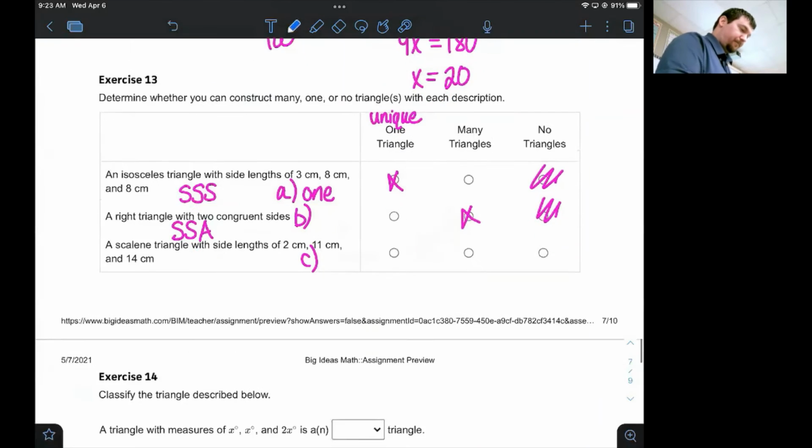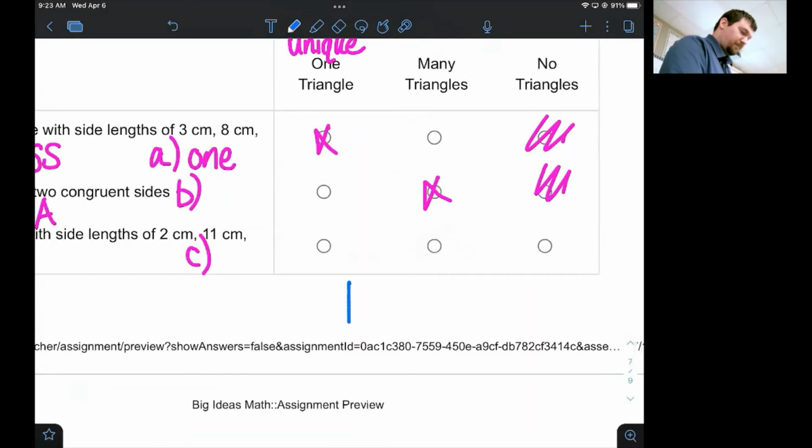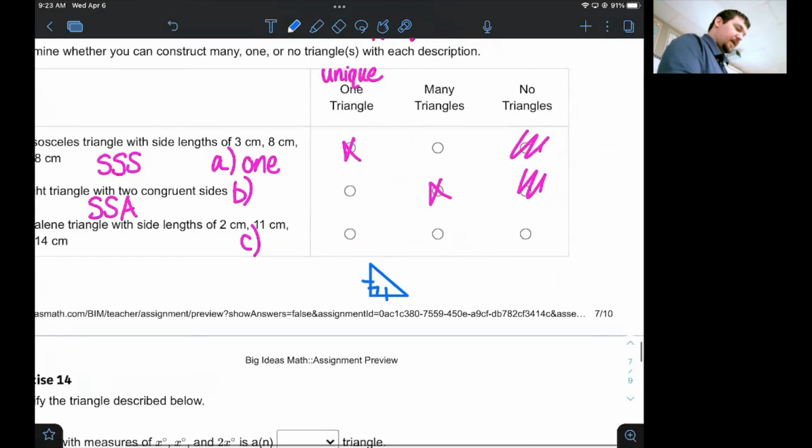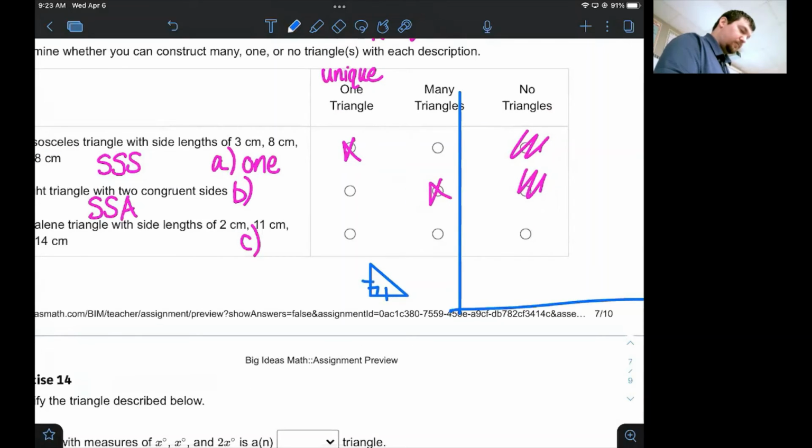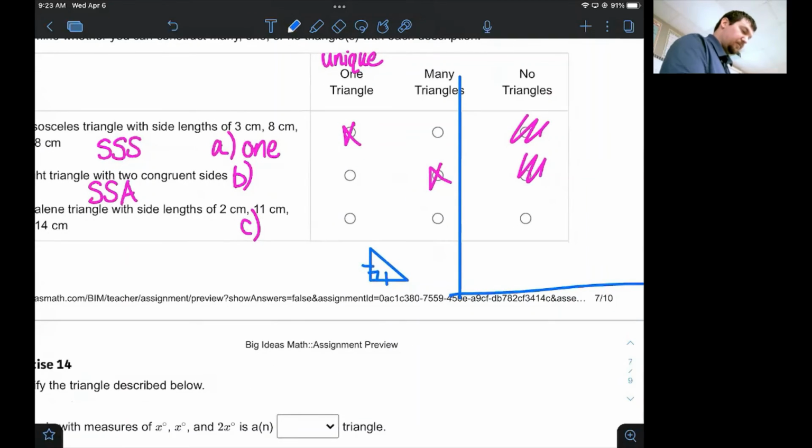Here's why. Here's a right triangle. That's also isosceles. Here's a right triangle. I ran out of room, so you just have to believe me. Here's a right triangle. That's also isosceles. Are they the exact same?